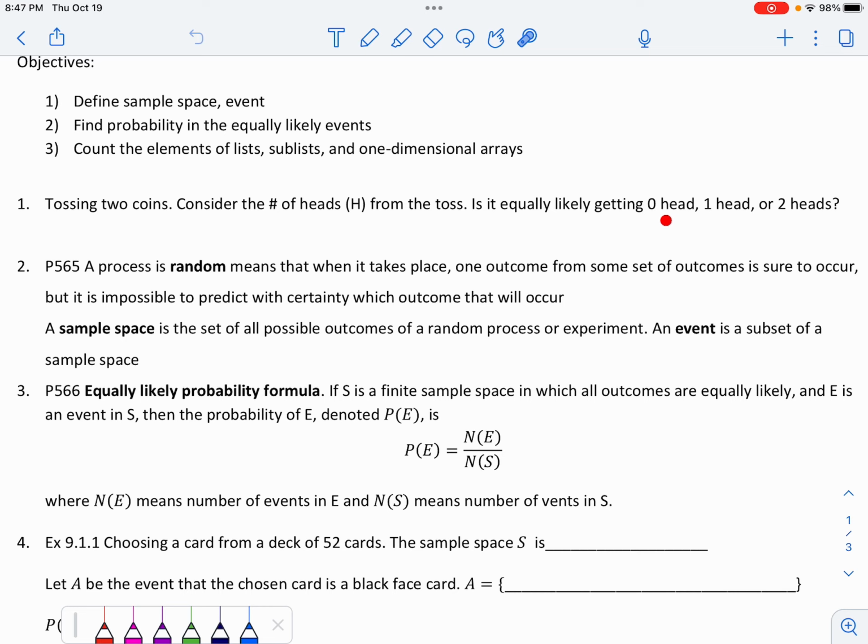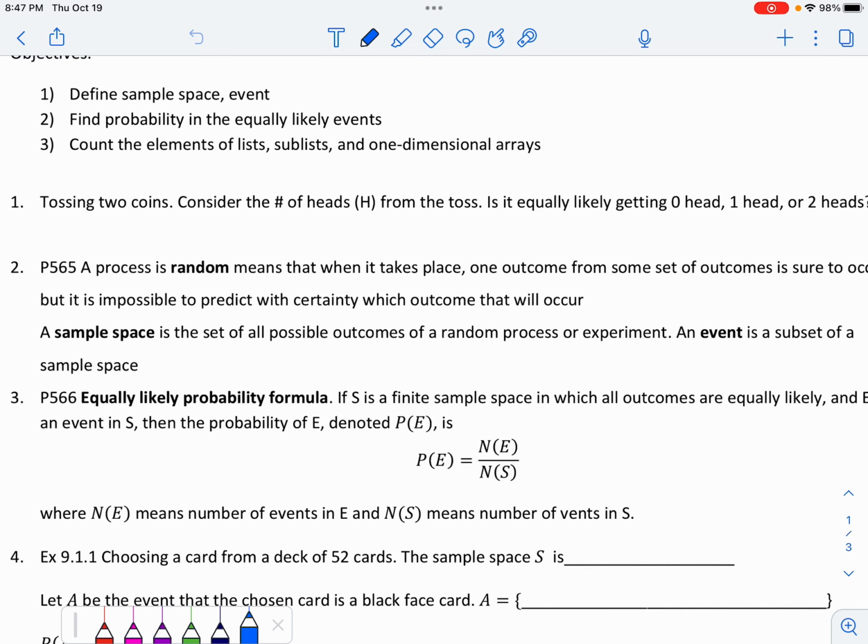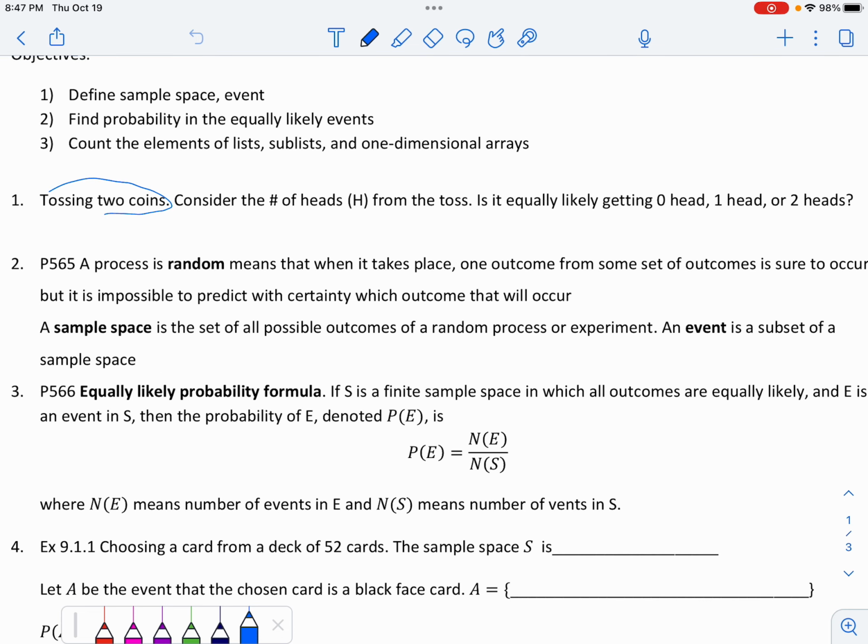You may think that they're equally likely, like a 1/3 chance of having 0 heads, 1/3 chance of getting 1 head, and 1/3 chance of getting 2 heads. Actually, this is not true. If you are able to do experiments like tossing two coins many times, each time you record how many heads you have, and then you tally, say suppose you repeat this process 1,000 times, and you tally the results, how many times you get 0 heads, how many times you get 1 head, how many times you get 2 heads.